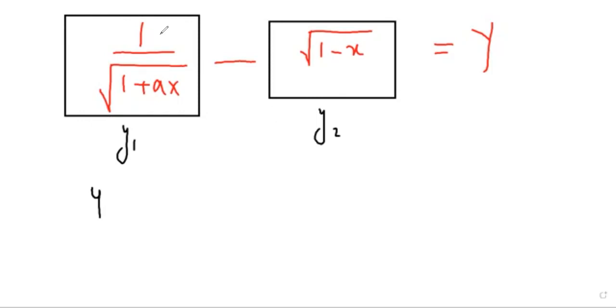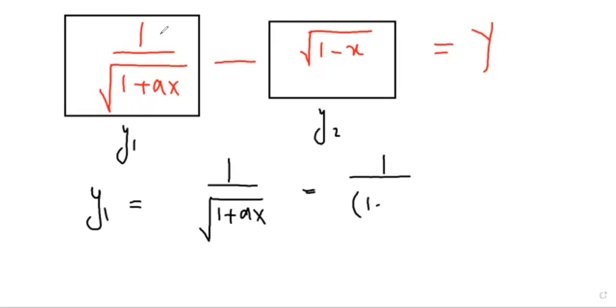So let's assume y1 is equal to 1 over square root of 1 plus ax. So we can write it like this. We can also write it like this because square root has power 1 by 2.